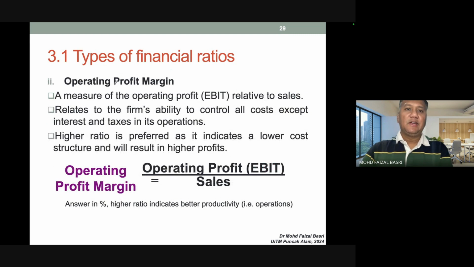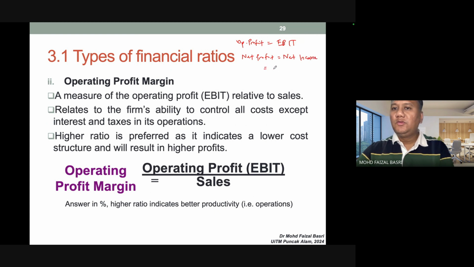Alright, so sama jugalah. This is the second level. Lepas gross profit, kita ada operating profit. Okay, I nak letak some similarities kat sini. When you see operating profit, technically it's also known as earning before interest and taxes. Okay, so kalau nampak perkataan net profit, it's also known as net income.